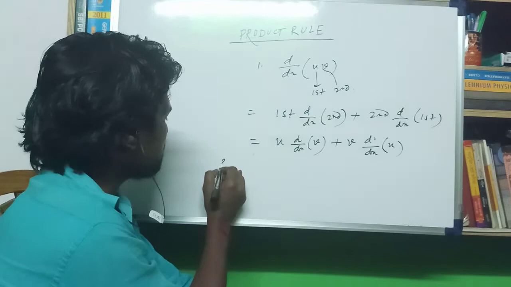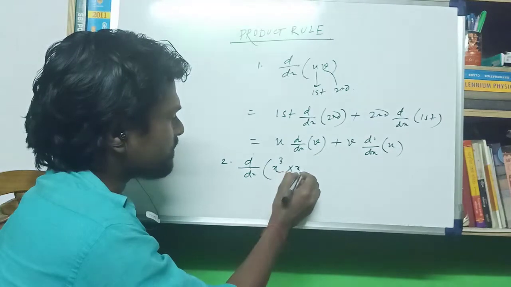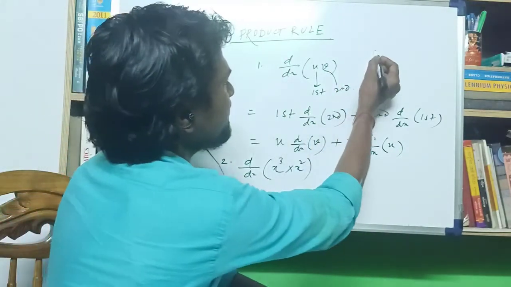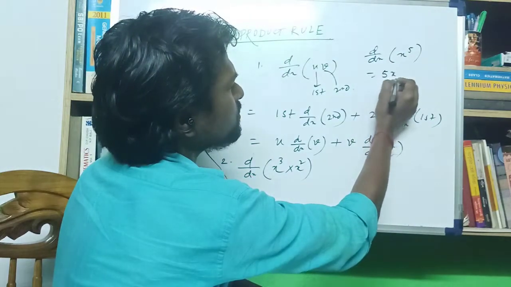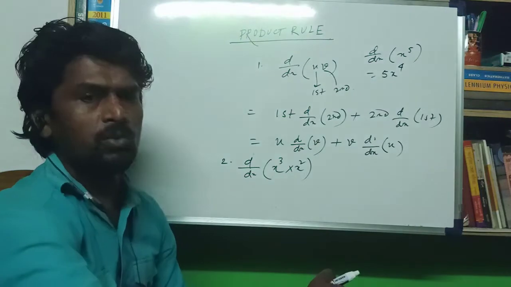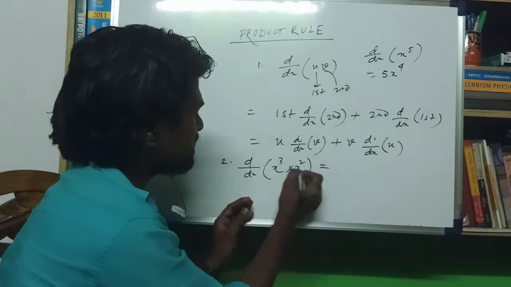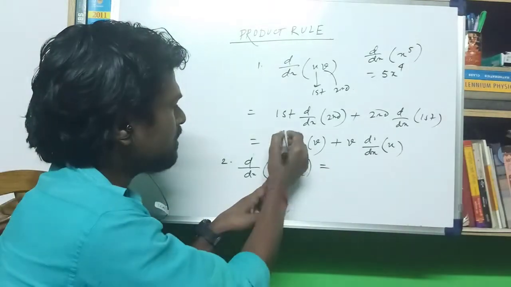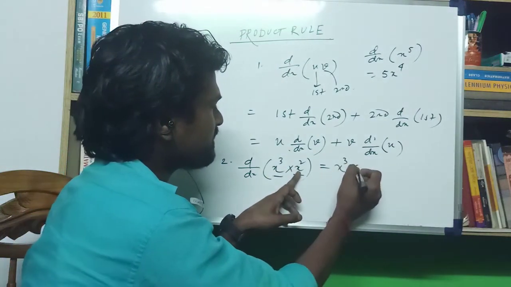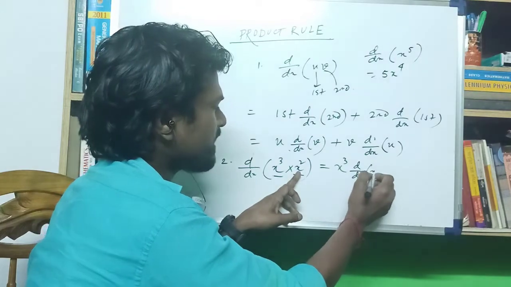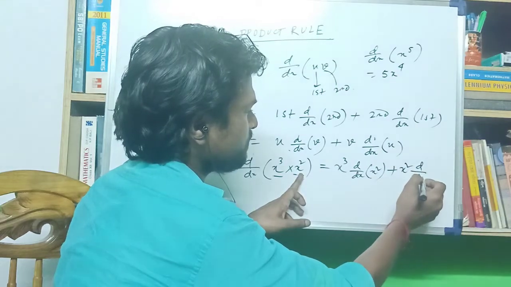So give an example. Suppose d/dx of x cube into x square. It is so simple because d/dx of x to the power of 5 means 5x to the power of 4, and this is the rule of algebraic functions. So here d/dx of x cube into x square is in the form of uv. So u means x cube. x cube into d/dx of x square, plus x square into d/dx of x cube.